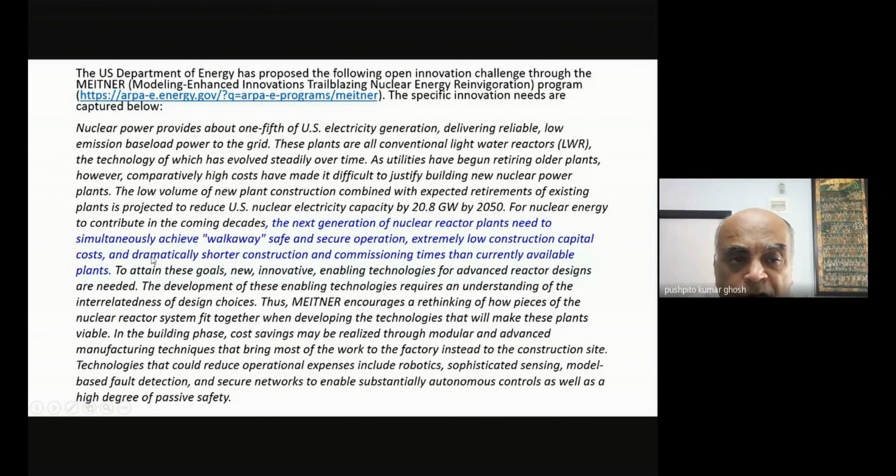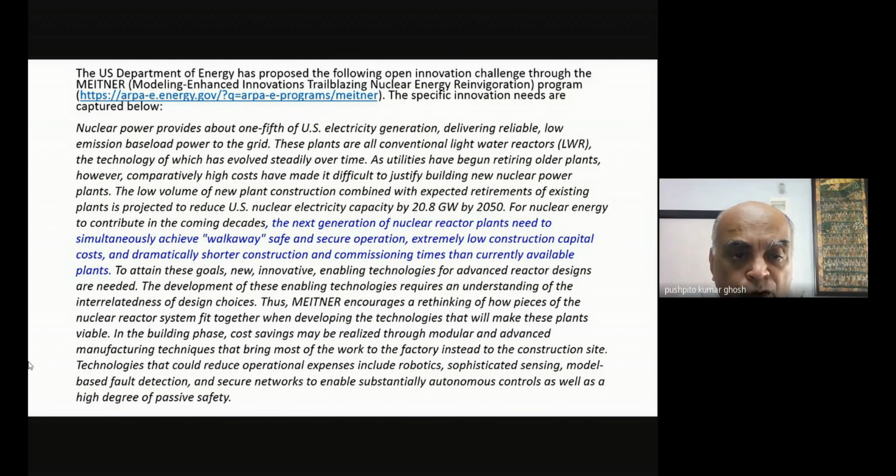For nuclear energy to contribute in the coming decades, the next generation of nuclear reactor plants need to simultaneously achieve walkaway safe and secure operation, extremely low construction capital costs, and dramatically shorter construction and commissioning times than currently available plants. Today, it takes 10, 12 years to build a plant, and the amount of capital that is tied up is huge.